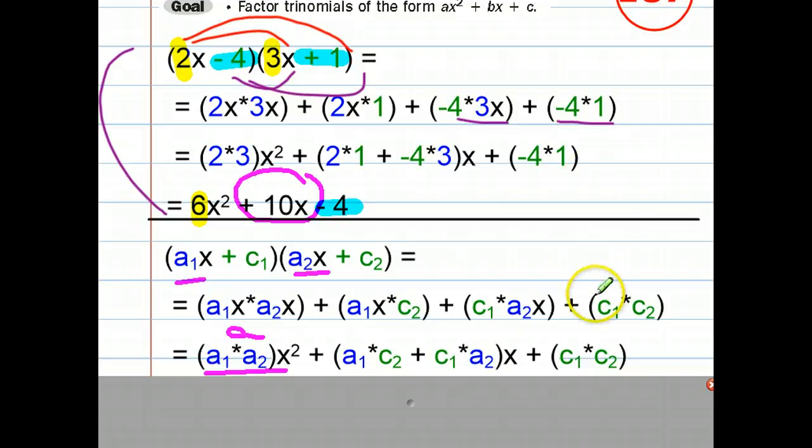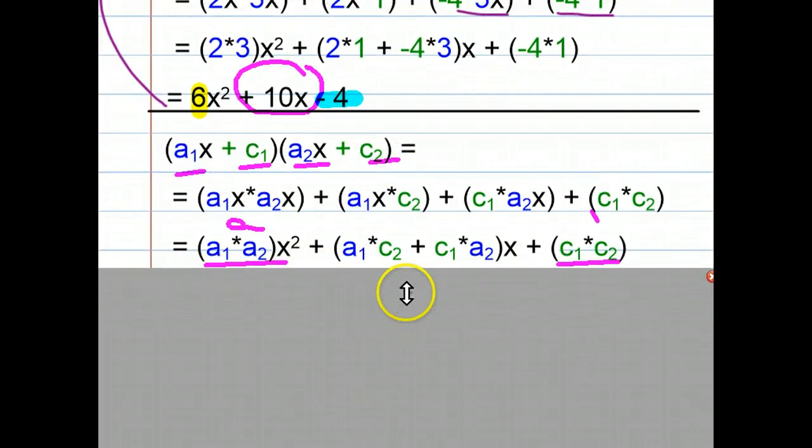And in order to get my last term, my c, I multiply the c1 and the c2 together. So in order to work backwards, all we really have to do is figure out what a1 and a2 will give me my a, and what c1 and c2 will give me my c. And then I'm trying to figure out which combination will give me my middle term.